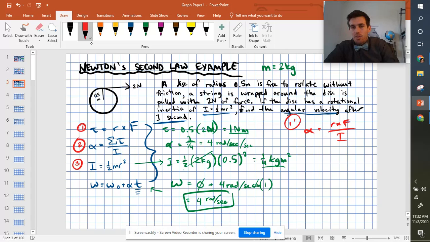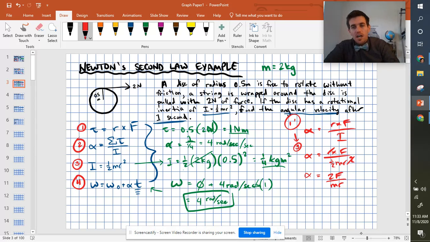We can combine that with 3, and we would get alpha equals R times F over 1/2 mr squared. Could simplify that a little bit. One of the r's cancels out of the top and bottom, and I just get 2F over mr.